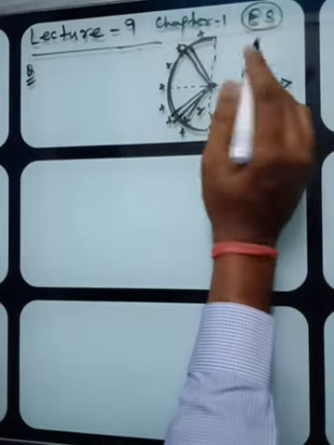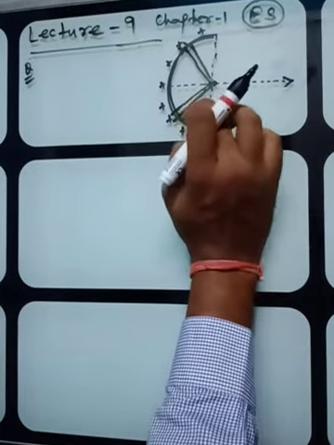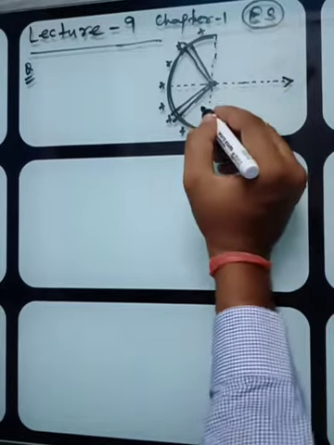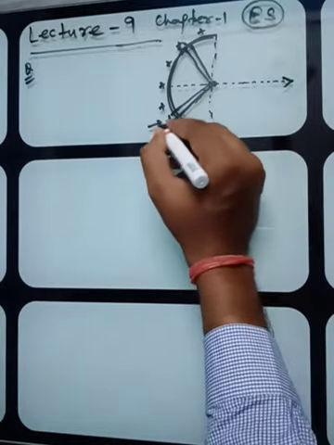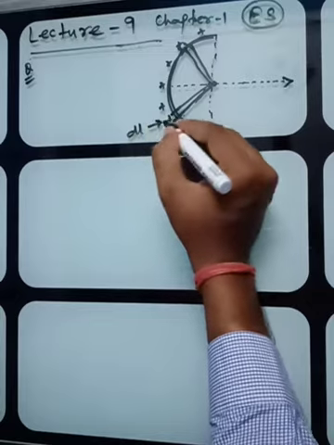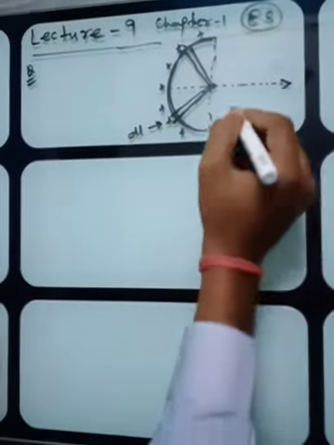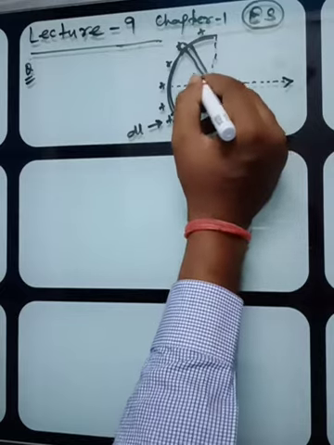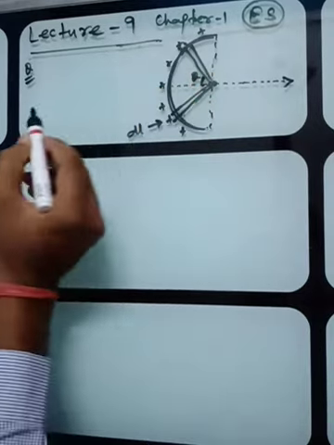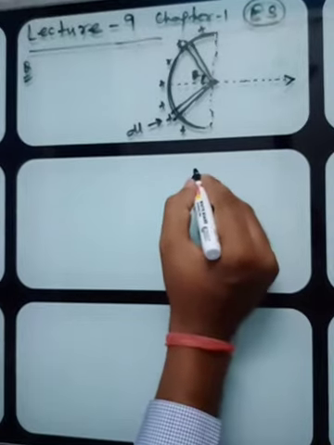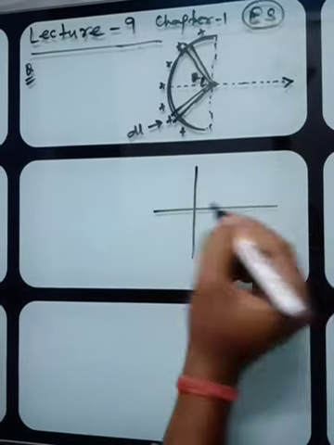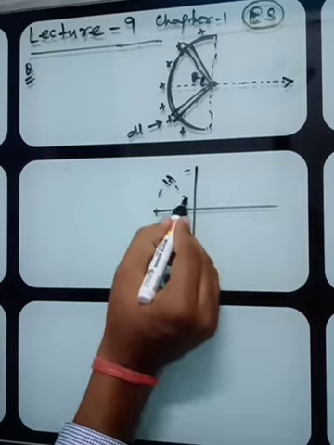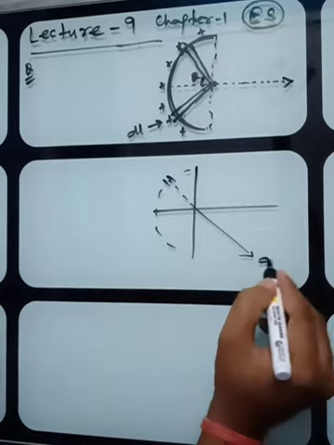Now dl will be the length you have cut out, and it is at an angle, suppose theta. If this is the positive charge over here, the electric field will be in this direction.